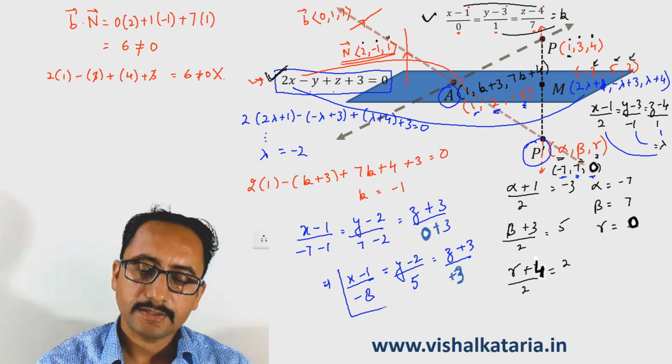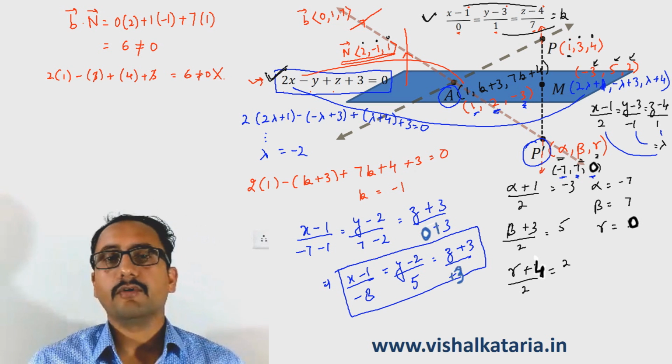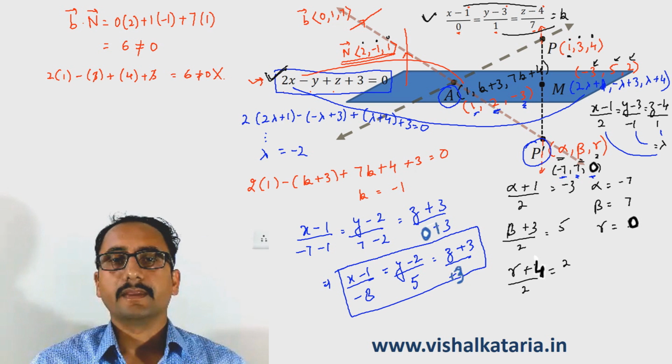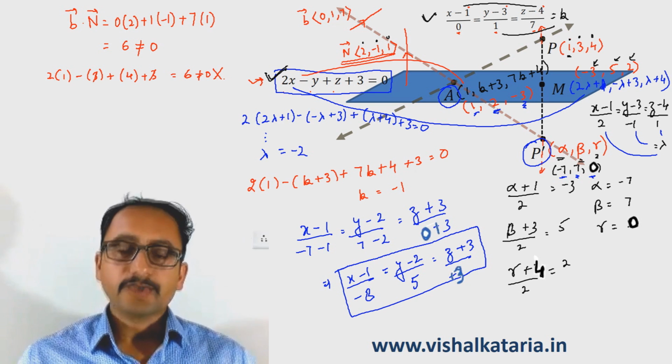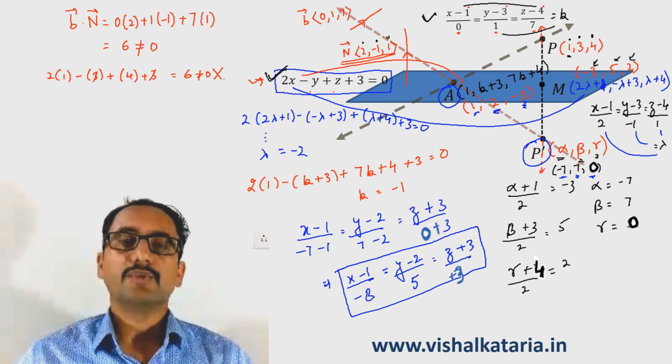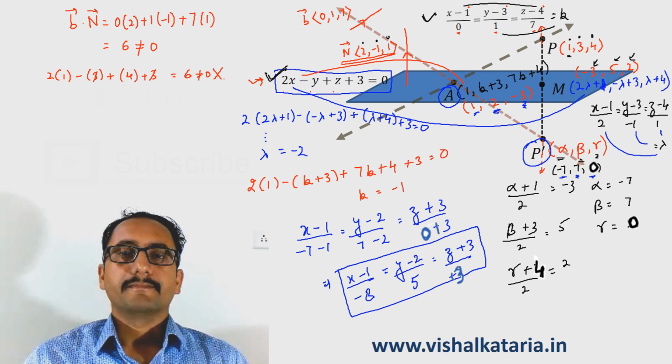And this is the equation of the image of the given line. So this was all about finding the image of a line which intersects a given line.